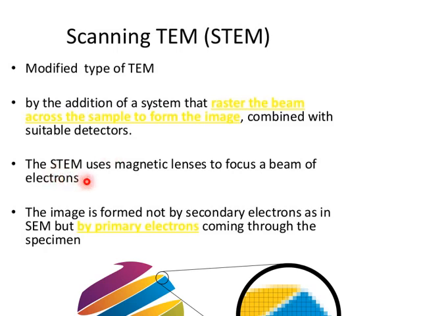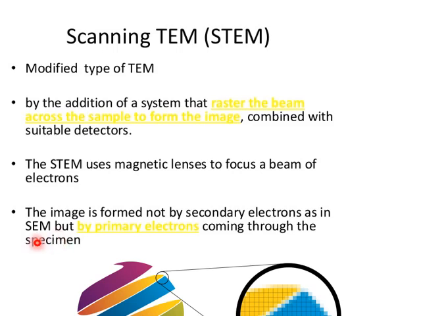The STEM uses magnetic lenses to focus a beam of electrons. The type of lenses which all electron microscopes use for focusing the beam of electrons are magnetic lenses. The image formed is not by secondary electrons as in scanning electron microscope, but by primary electrons coming through the specimen.